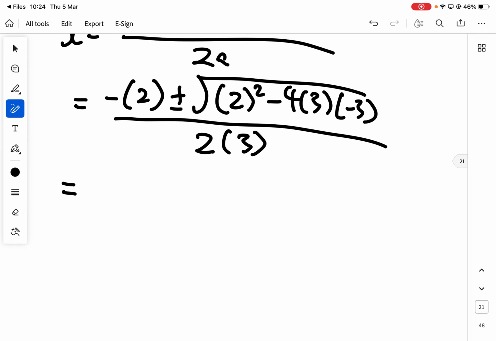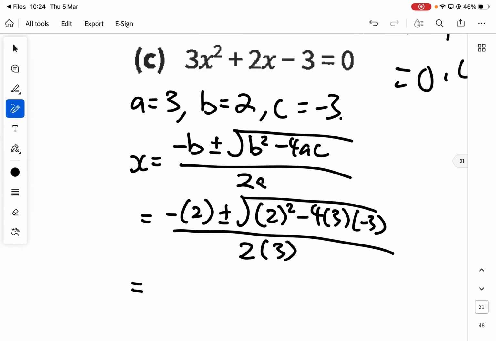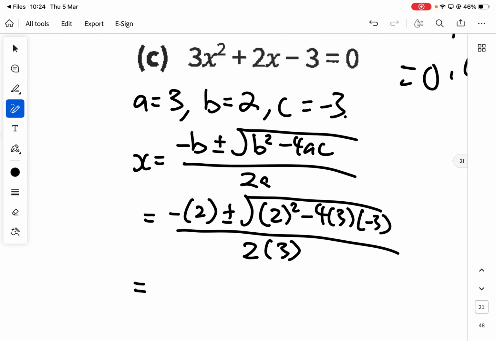Okay, I also need to press calculator. 0.54858, is it?